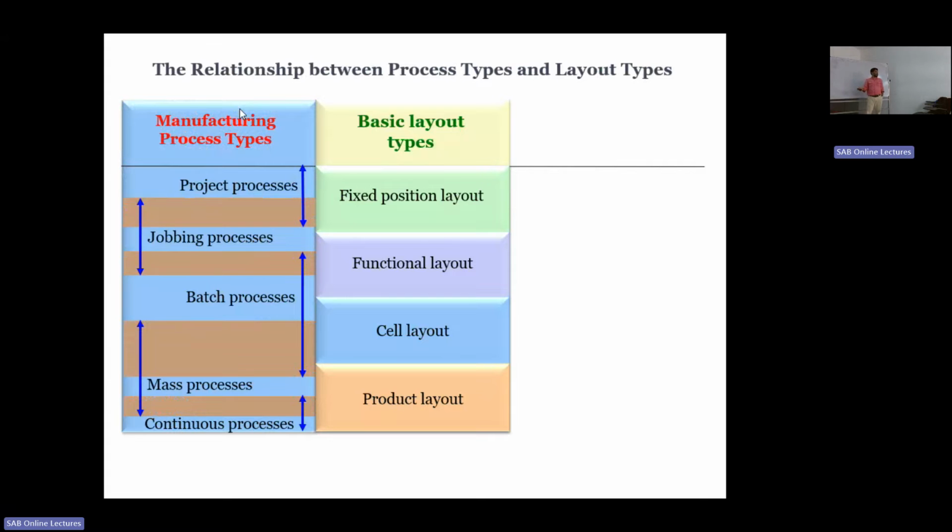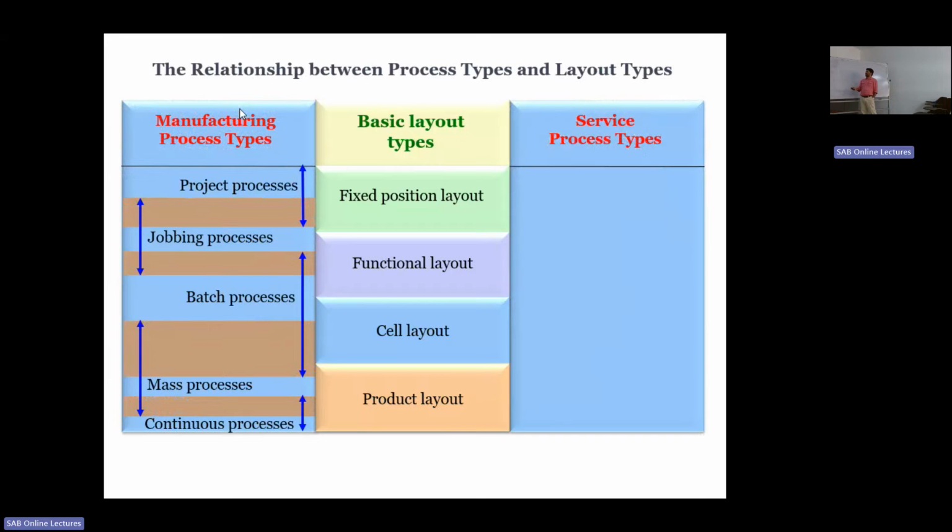And at the same time, for service processes, service process types, one is professional service processes we discussed today. For that, either fixed position layouts or process-oriented layouts are recommended. If the volume is low, fixed position. If the volume is relatively high, and fewer varieties, of course, functional layouts.